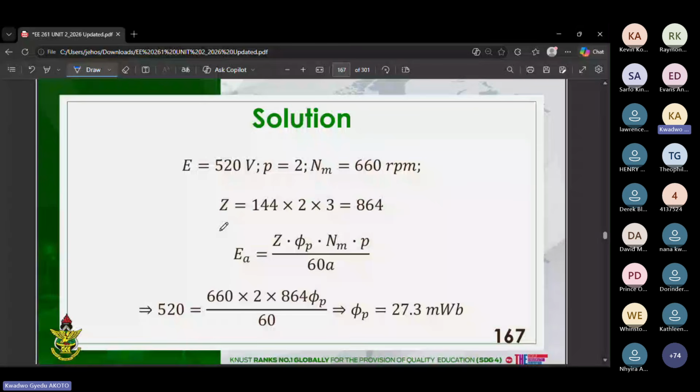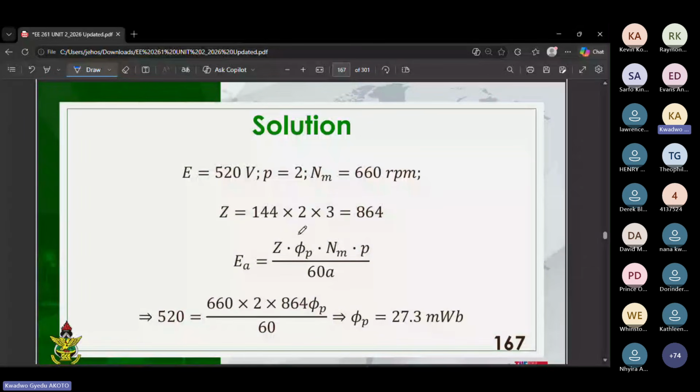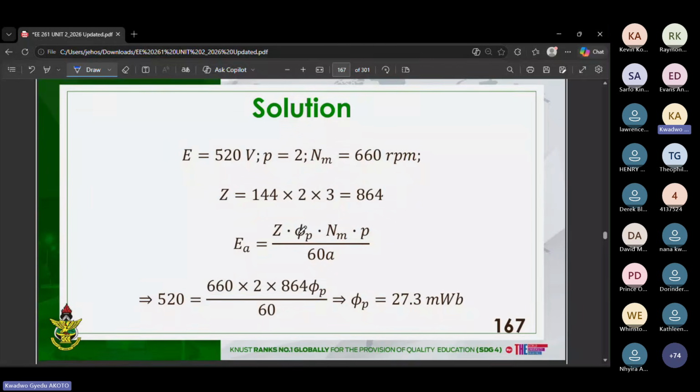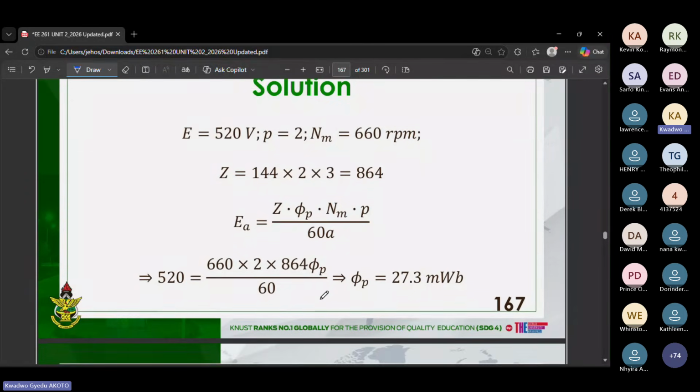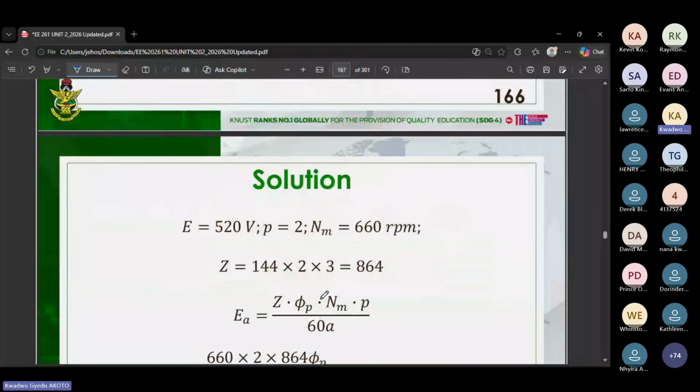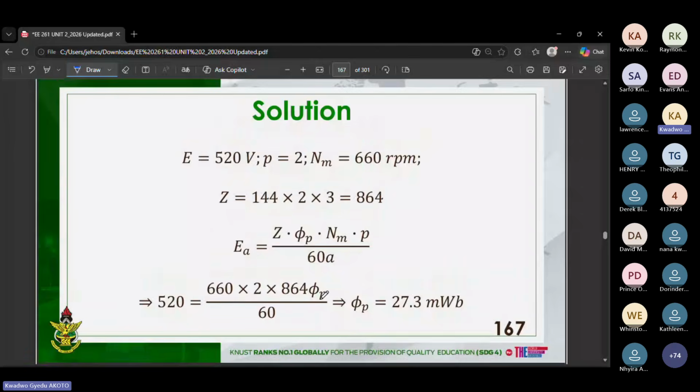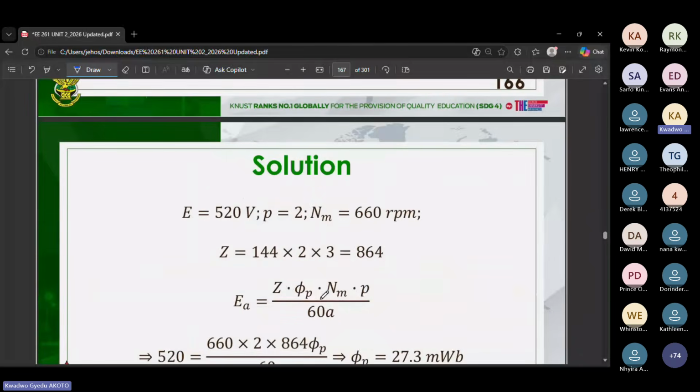To find our Z, we just multiply our number of slots by our number of coil sides per slot, and then by our number of turns. Then we substitute everything in and make phi p the subject. Once again with this one, if you have any issue, you can just reach out to me, right?